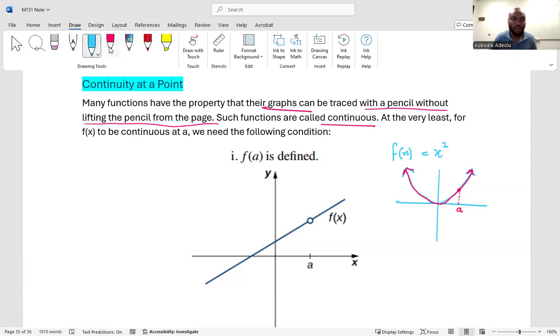That is, if we want to talk about continuity of this function f of x equals x squared at point A, at least the function itself must be defined here. So that is the first condition: f of A is defined. That is, if I plug in that value A into this function, does it make sense? Is it defined? Is it meaningful?